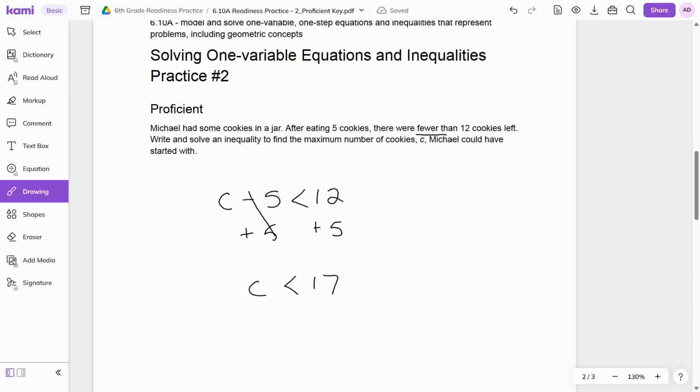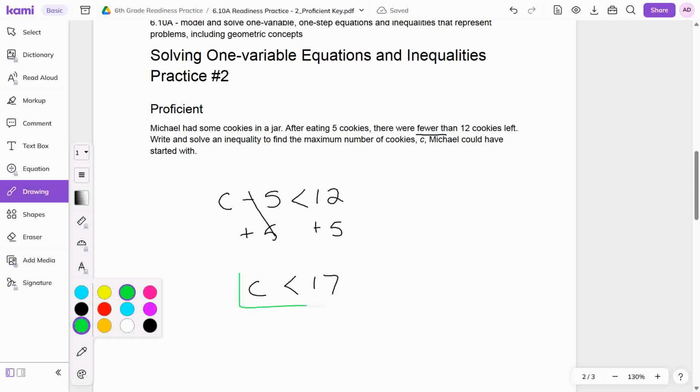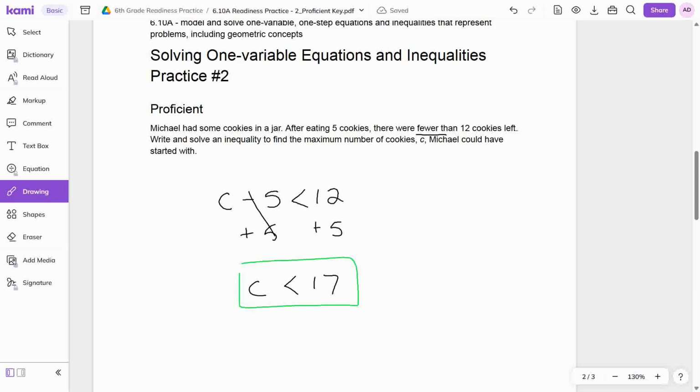So really, if we're looking at complete cookies, the maximum cookie he could possibly have is going to be 16, because unless we're dealing with decimals, we're only dealing with whole cookies. You can't have 17 because it doesn't say less than or equal to. It just says less than or fewer than. So the maximum amount of cookies he could have had is 17.